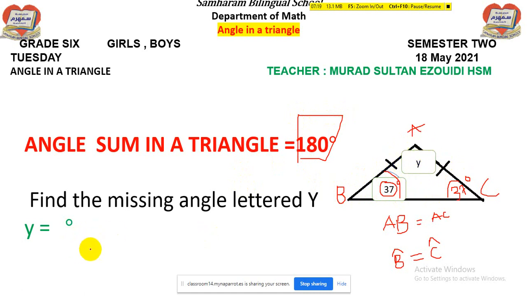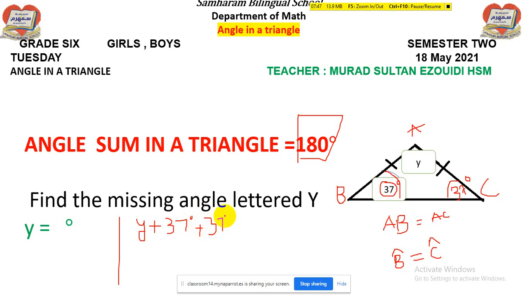I'll make y plus 37 plus 37 should be equal to 180. So y plus 37, plus also 37 because we have an isosceles triangle.